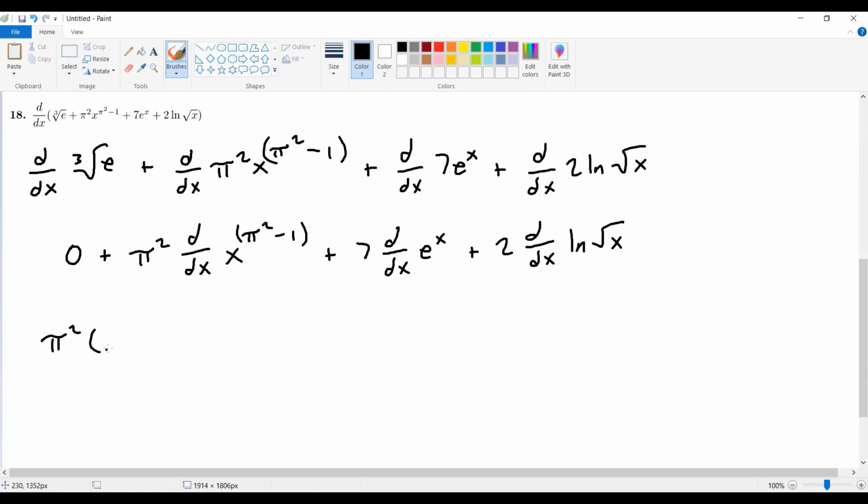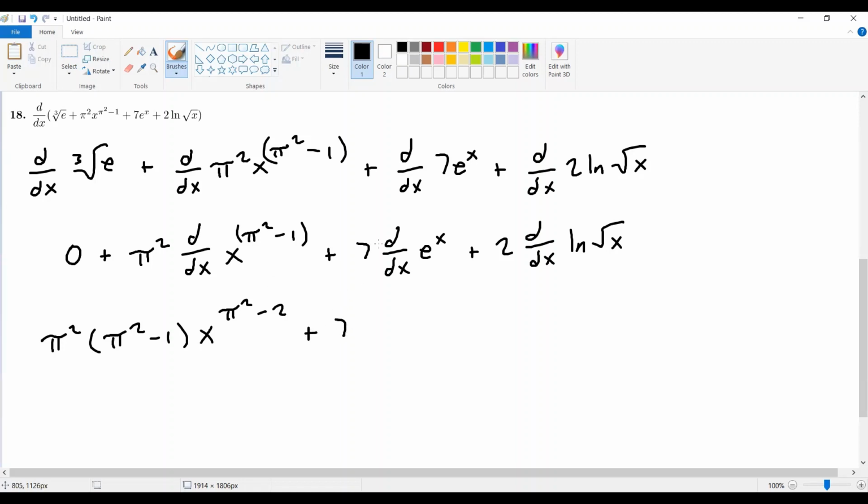So I'm going to take this entire power, pi squared minus 1, and move it down as a constant in front of the x. And then, again, I just decrease that power by 1. So I have pi squared minus 1, but then I'm decreasing it again, so I have minus 2 by lowering that power by 1. So that's that power rule.